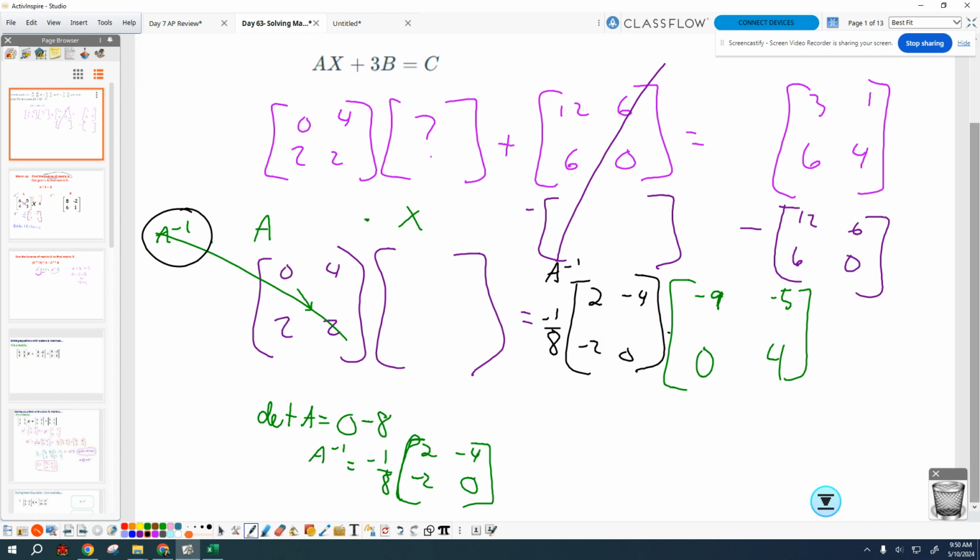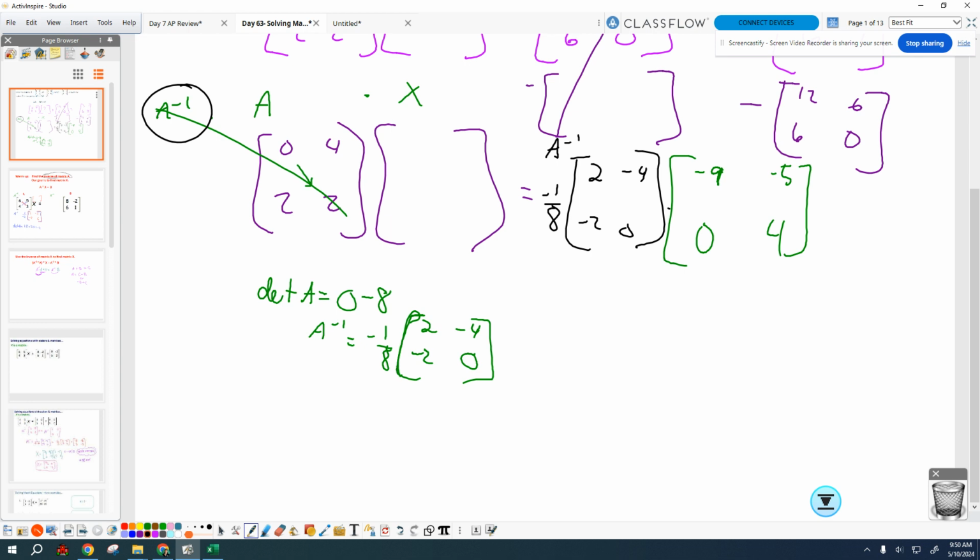Okay, Will, in the back, how do I do the black matrix times the green matrix?